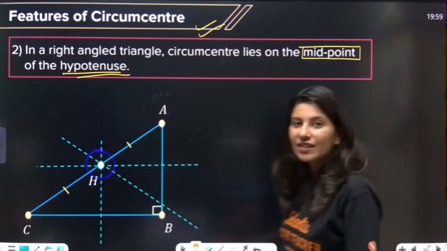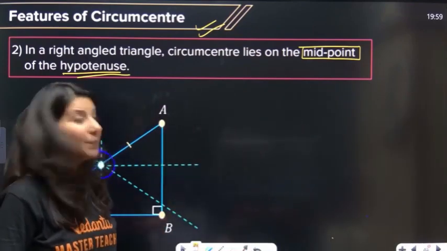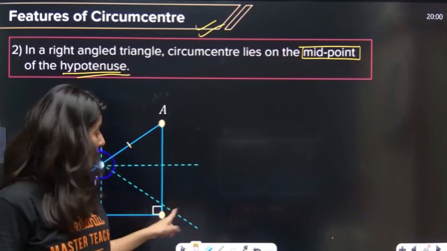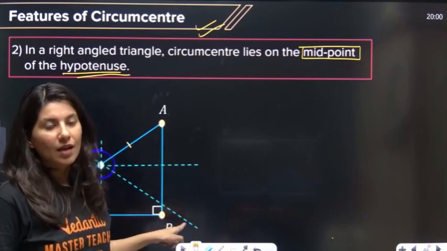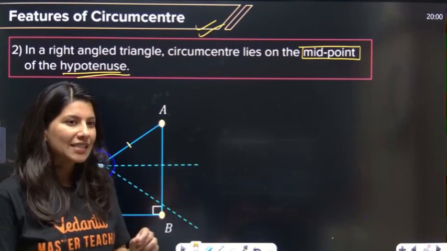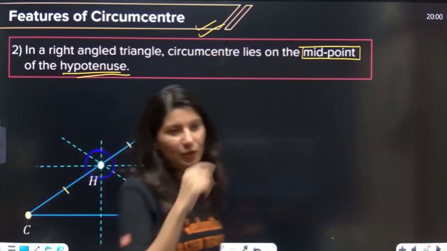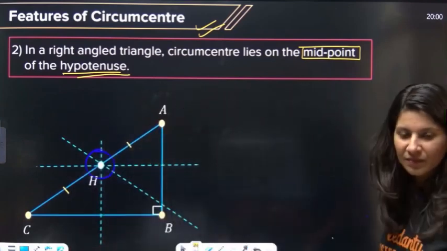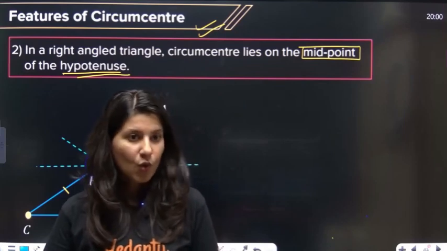So if I ask you what is the orthocenter of a right angle triangle, you will say point B, because the vertex at the right angle is the orthocenter. But if I ask you what is the circumcenter of a right angle triangle, you will say, ma'am, the midpoint of the hypotenuse. Everybody getting it, understanding it? Okay, clear?